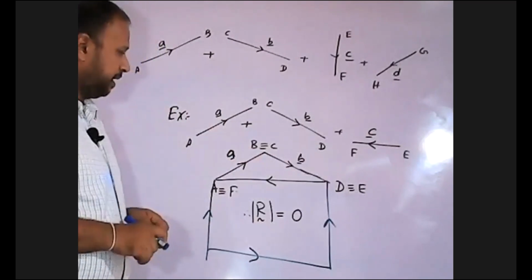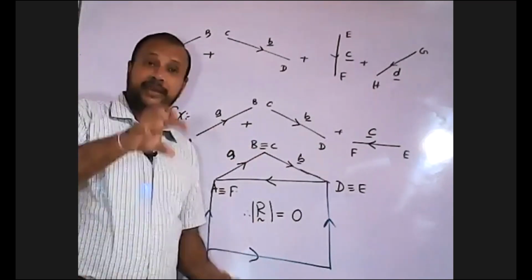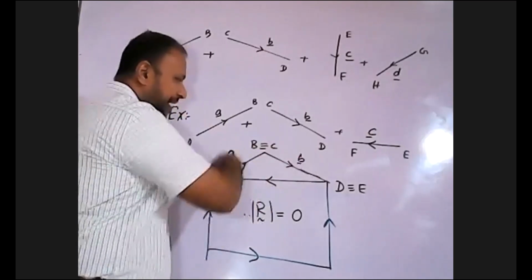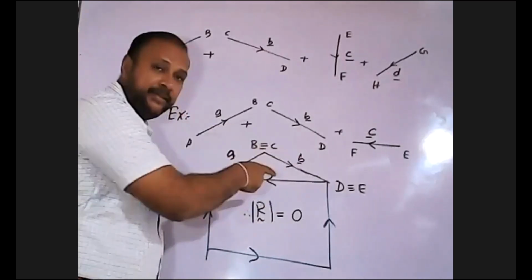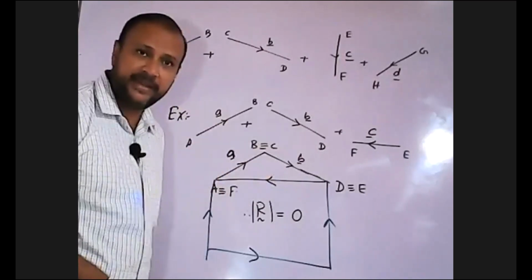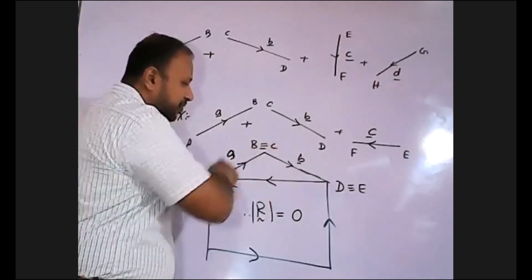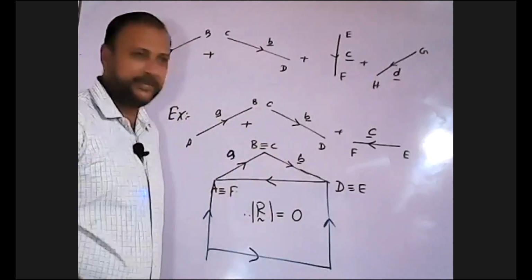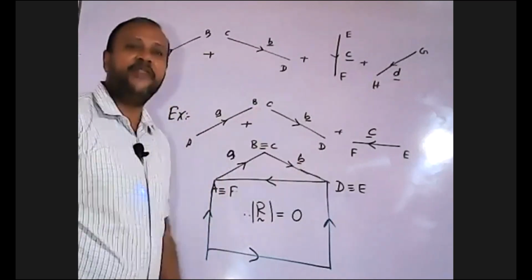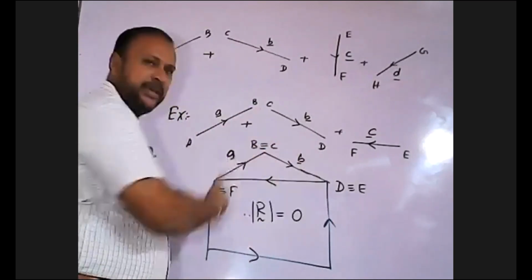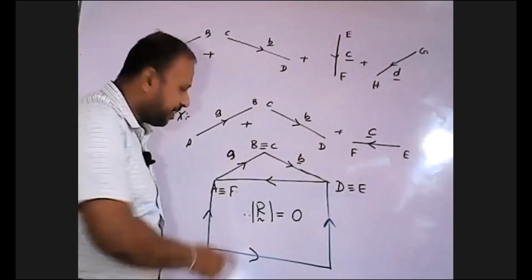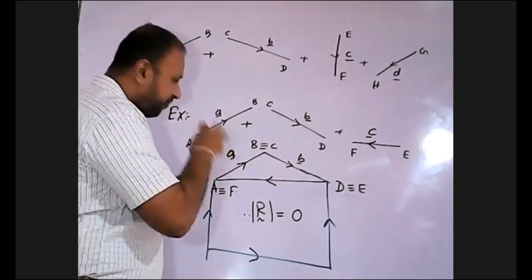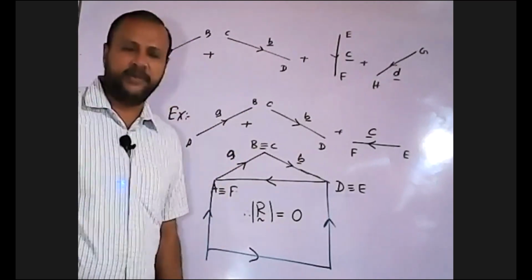Within that complicated shape, suppose there is a closed loop like this. Then you can decide the resultant force of that loop is 0 because it is a closed loop. Therefore, you can remove these vectors because the resultant is 0. Then you can consider these three vectors only. This closed loop system is a very important factor.